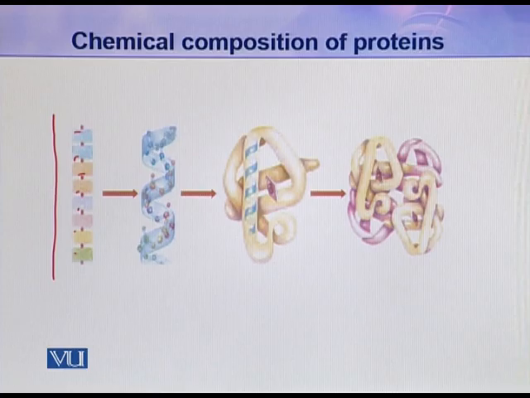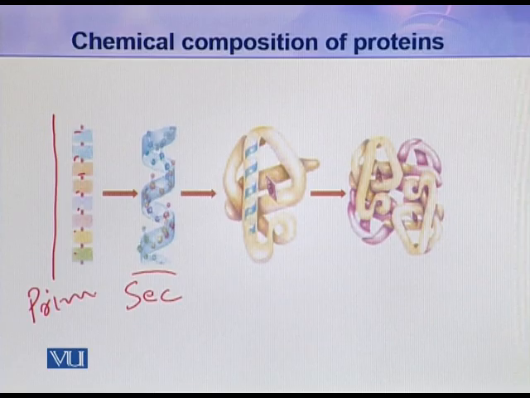This is simply a polypeptide chain. This is not a protein. In this polypeptide chain, some conformational organization occurs and it forms this helical structure. This is the secondary structure of protein, and this simple chain is called the primary structure of protein.